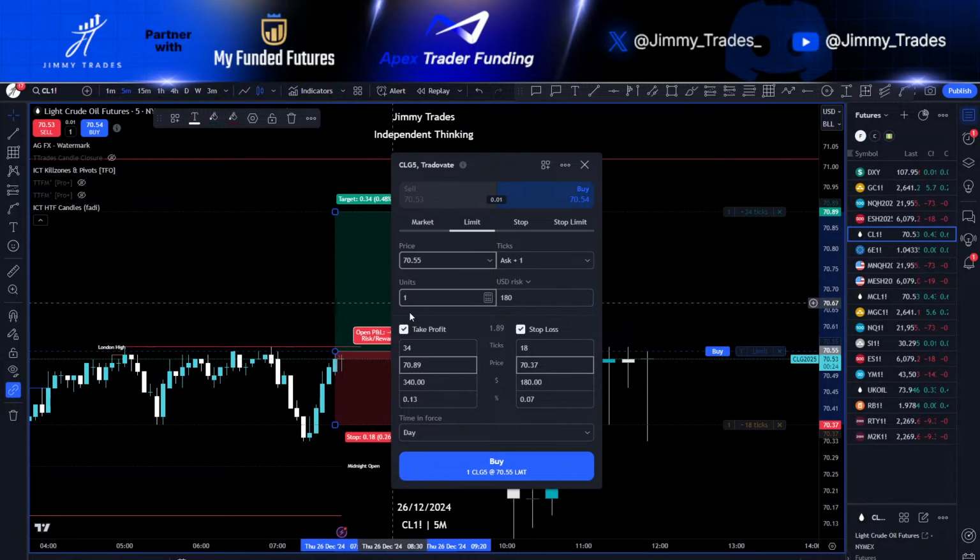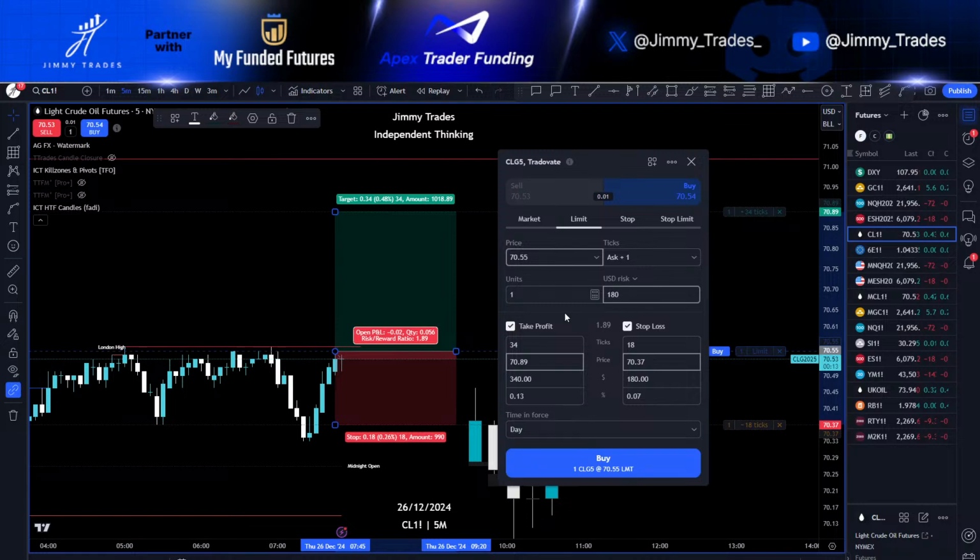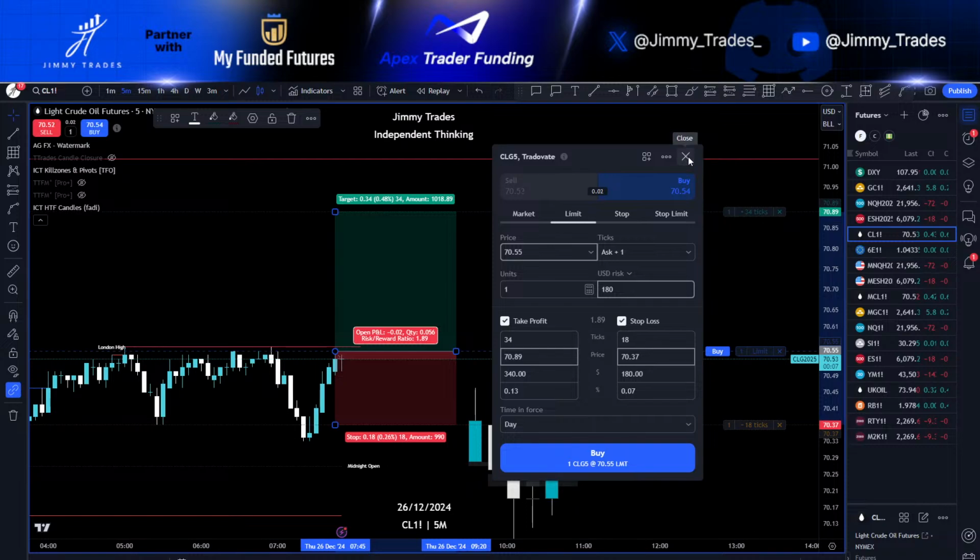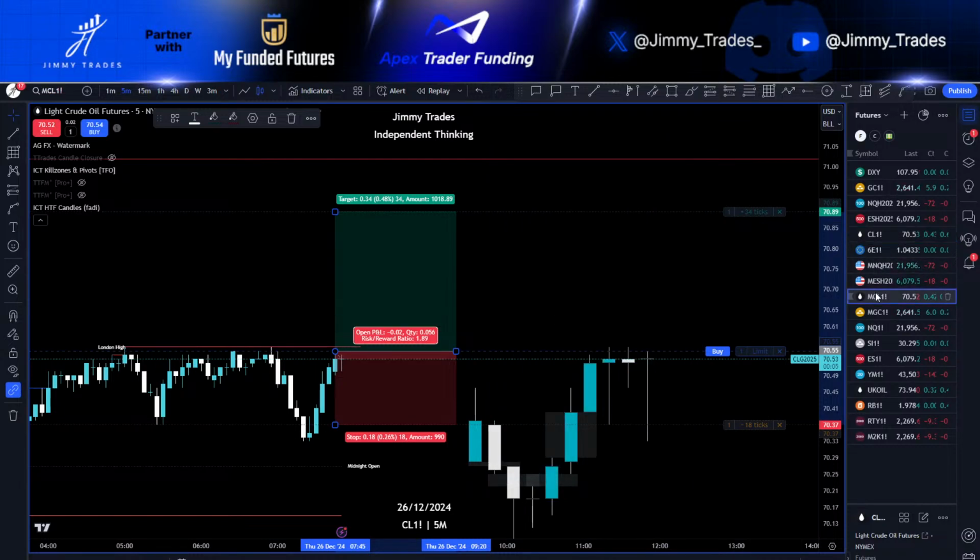So for this trade with one contract, your risk would be 180, okay? So you'd have to maybe drop to micros or something, and then you could start adjusting things a little bit more. So let's go to micro for a second and have a look at that.